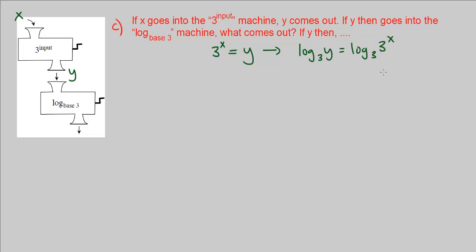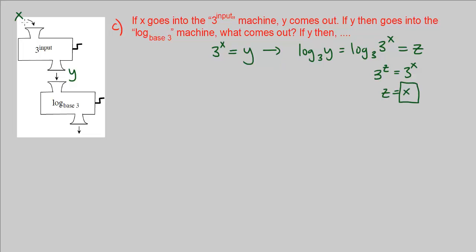And what is that equal to? Let's use z since x and y are already used here. This is the same thing as saying 3 to the power of z is equal to 3 to the x. So what is z? Well, z is equal to x. So what comes out?